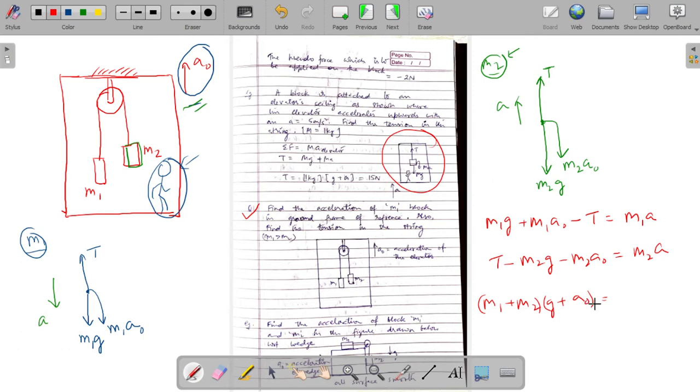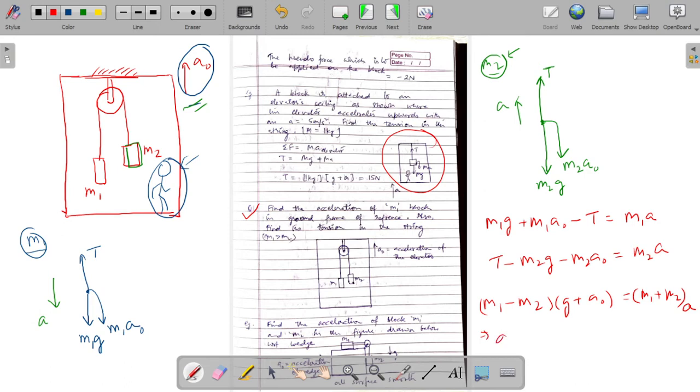After adding these two equations we will get m1 minus m2 into g plus a naught is equal to m1 plus m2 into a.